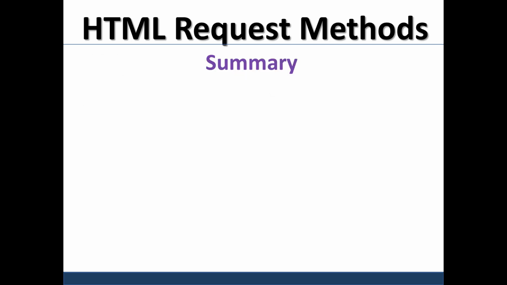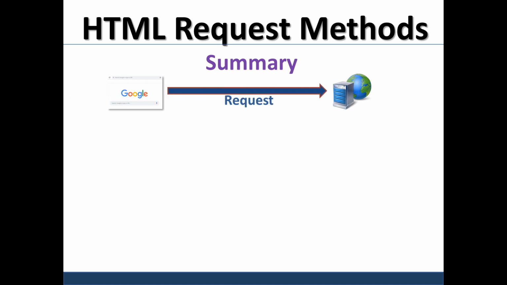Alright, so let's do a quick summary of what we have covered in this video. An HTTP request is created every time the browser sends data to the web server. There are two methods to make a request, the get and the post method.